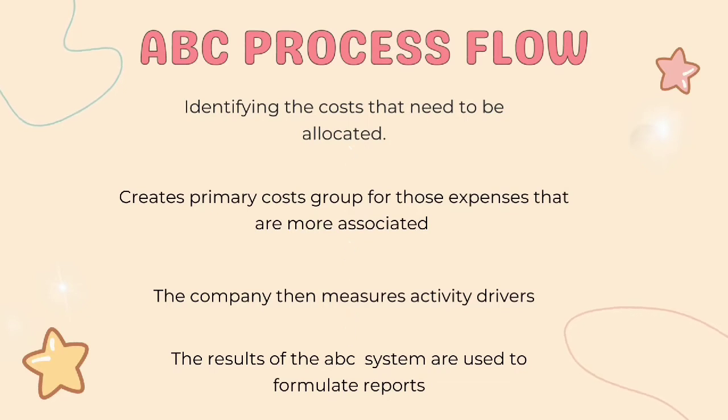Then, the company creates primary cost groups for those expenses that are more associated to the manufacture of goods and service. Apple Incorporation has a distinct cost group for each merchandise line it manufactures, as these costs tend to arise at this stage of activities-based costing.